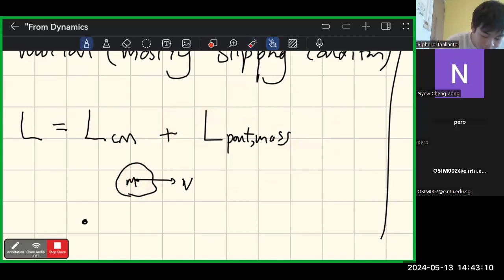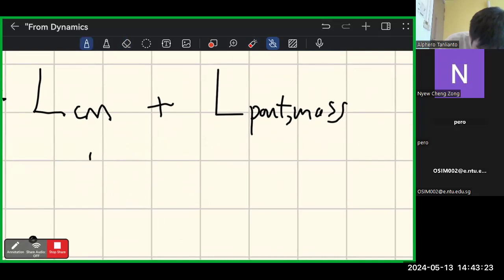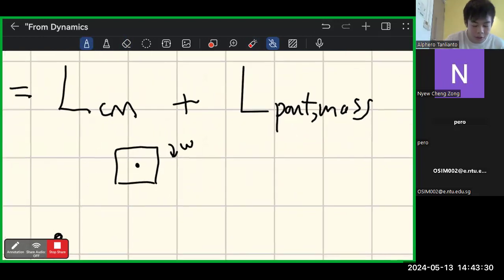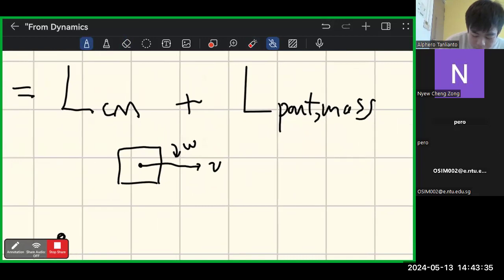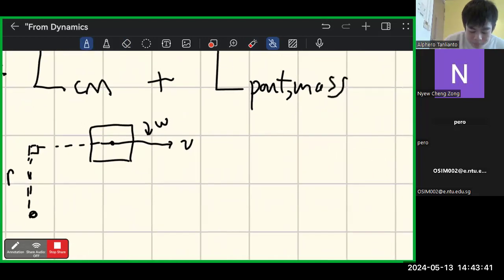So, for example, let's just say that we have a rectangle that is rotating about its center of mass with the angular velocity omega, and it has the velocity v here, and it has the perpendicular distance r.